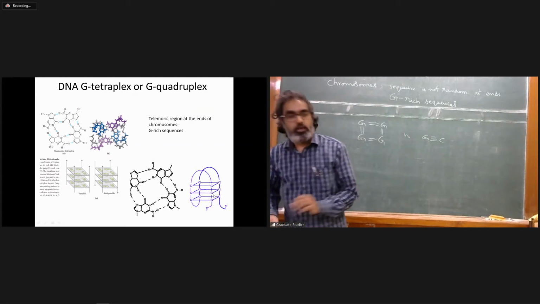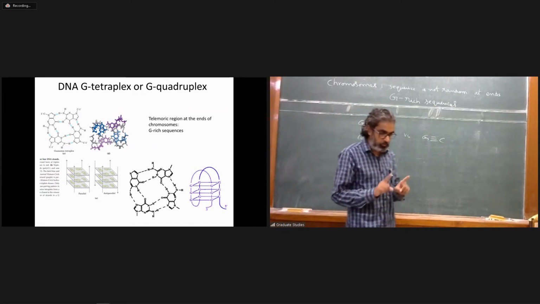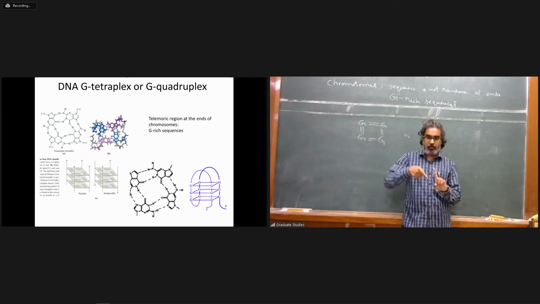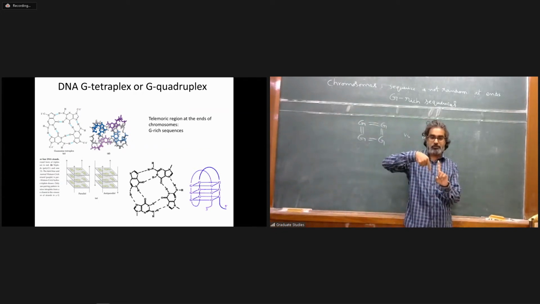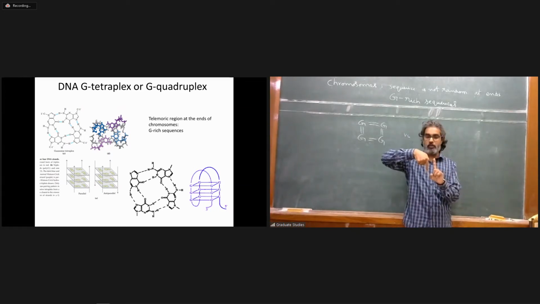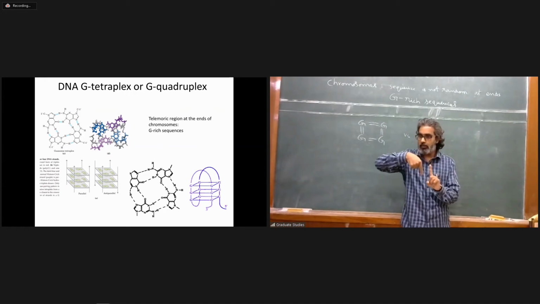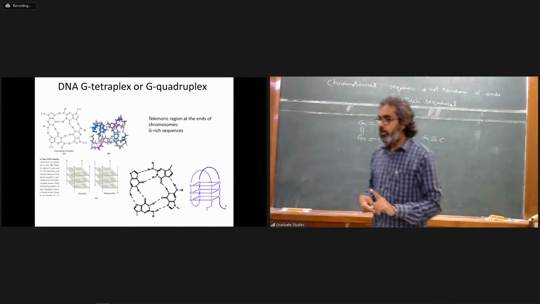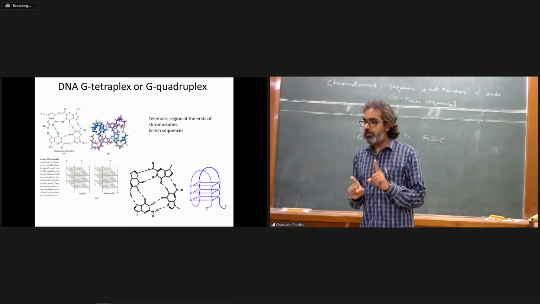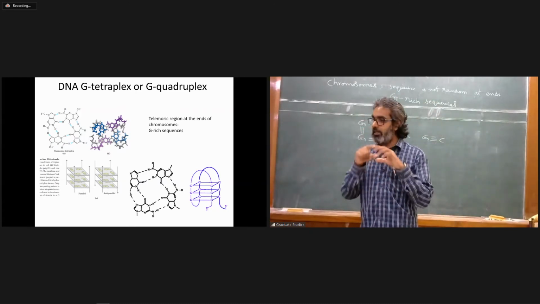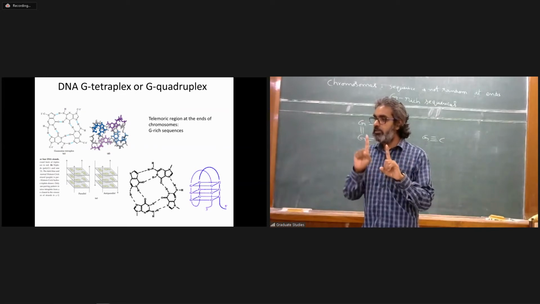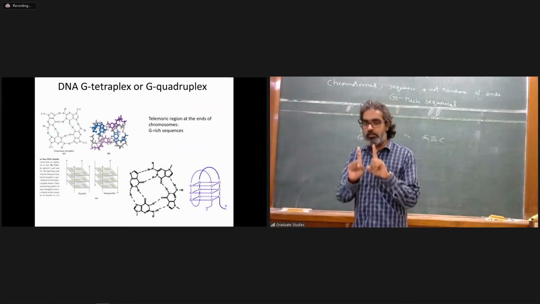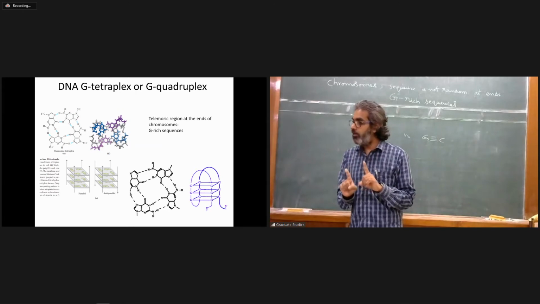In double-stranded DNA, you know that both strands are anti-parallel, right? One strand goes from 5' to 3', and the other comes from 3' to 5'. B-DNA, A-DNA, Z-DNA, all are anti-parallel. But in the case of G-tetraplexes, how are the strands arranged? Are the individual strands parallel or anti-parallel?